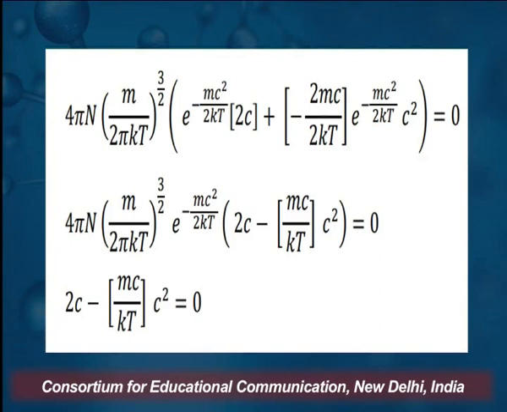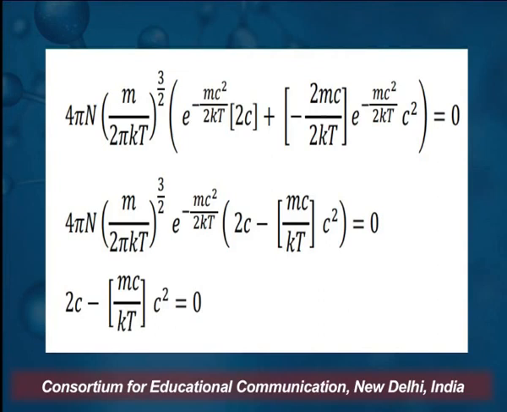So we have e^(-mc²/2kT) into 2c. 2c we are getting because of differentiating c², and the second term is c² into minus 2mc by 2kT e^(-mc²/2kT). Here, because of differentiating e^(-mc²/2kT), we get minus 2mc by 2kT into e^(-mc²/2kT).